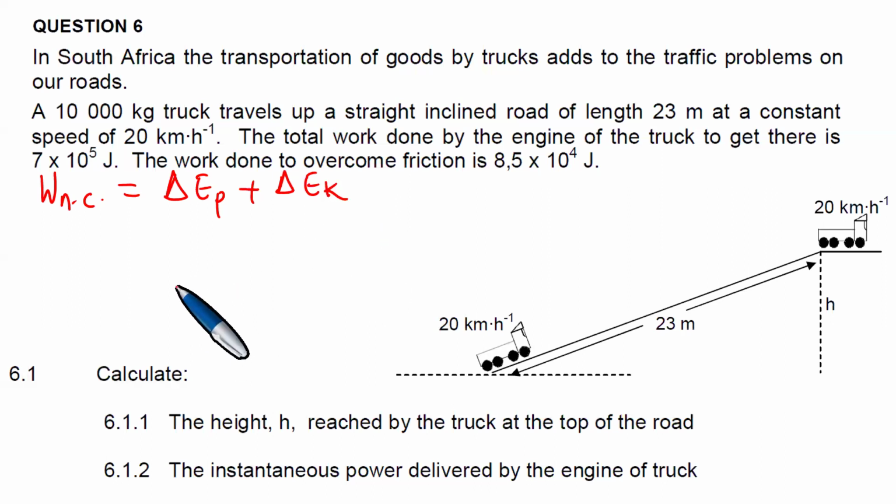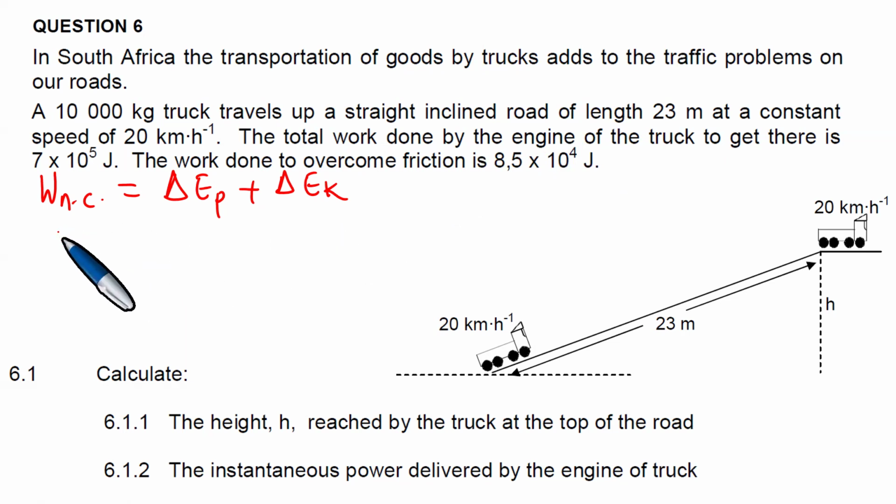There are many ways to do the question, but this is the easiest, I believe. The work done by non-conservative forces would be the work done to overcome friction, but also the work done by the engine, because those are non-conservative forces.